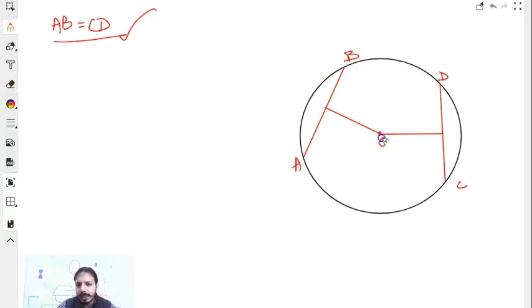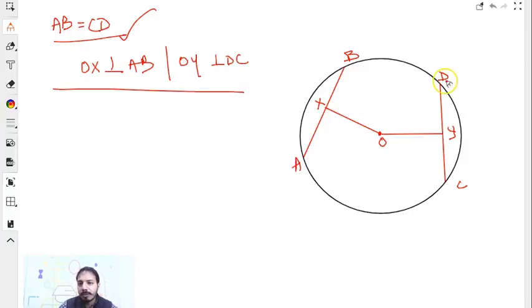Now say this is the center and I have drawn two perpendiculars, X and Y. So OX is perpendicular to AB and OY is perpendicular to DC. Now, if AB is equal to CD, then OX is equal to OY. We need to show this.